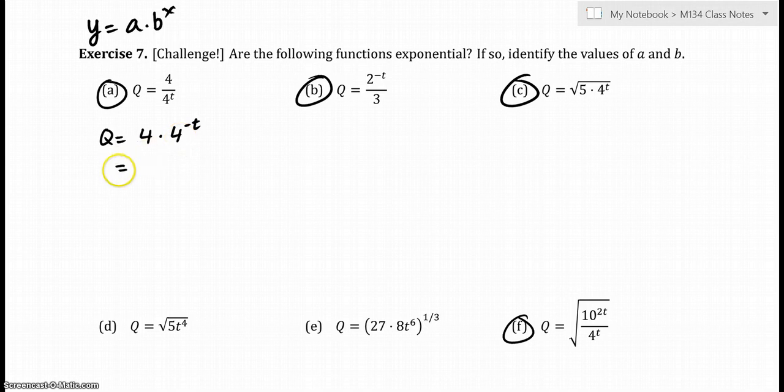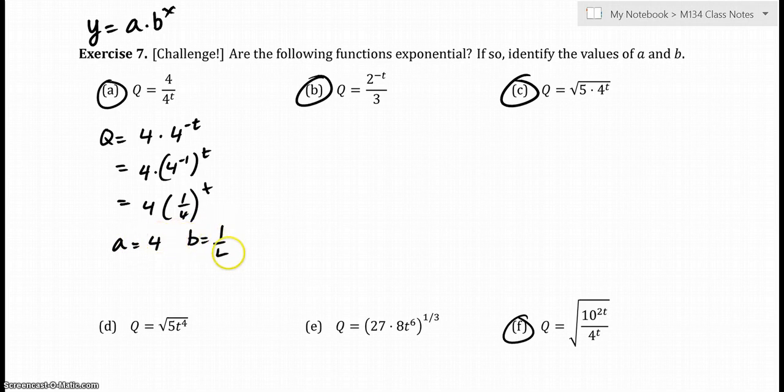Or, maybe even better yet, make it like that, which would be a 1/4, which we could have actually said in the beginning, I realize. So here the a is the 4, and the b is 1/4.